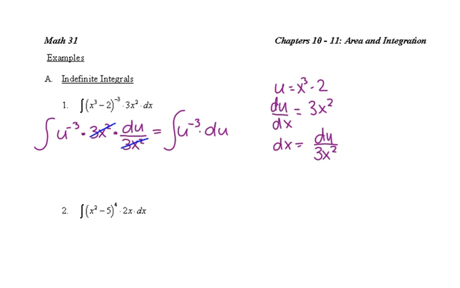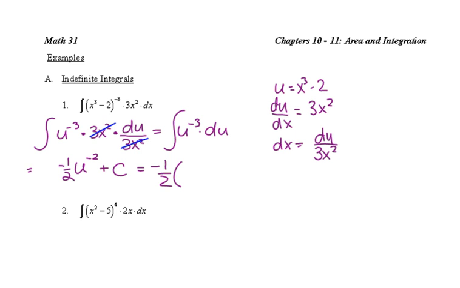Okay, so if we integrate this, what are we going to do to our u? Add 1, so it becomes negative 2. So in front would be negative 1/2, and then plus c. And last, we're going to sub back in u. What's u equal to? We integrated, right? It's gone.